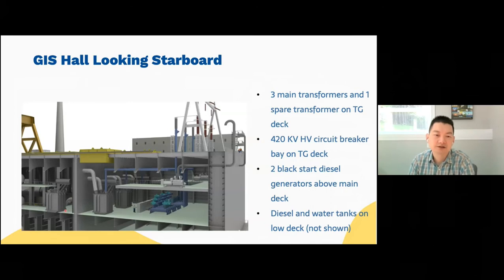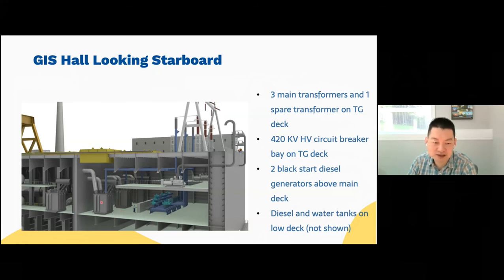Okay, so those are the equipment in the turbine hall. After the turbine hall, there's a GIS hall, which stands for gas insulated switchgear hall. So it basically holds the electric components. You can see 3 main transformers, 1, 2, and 3, and also 1 spare transformer on the TG deck.